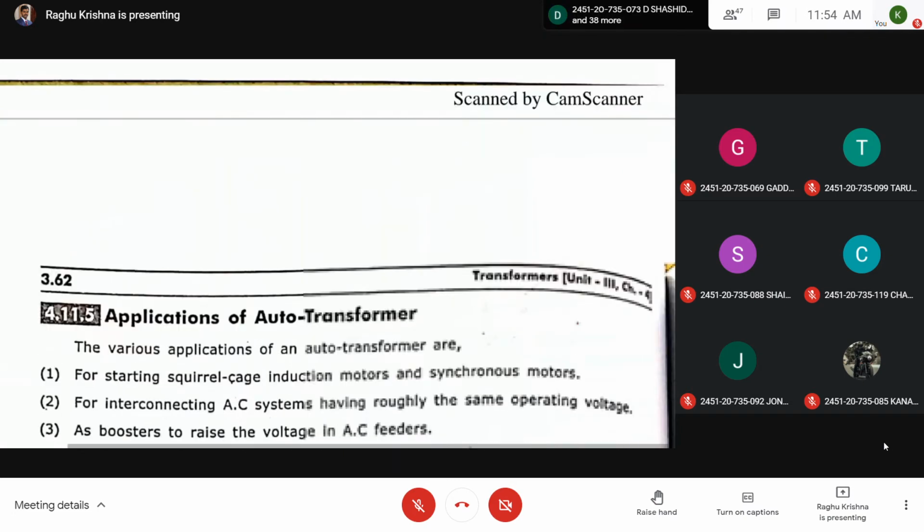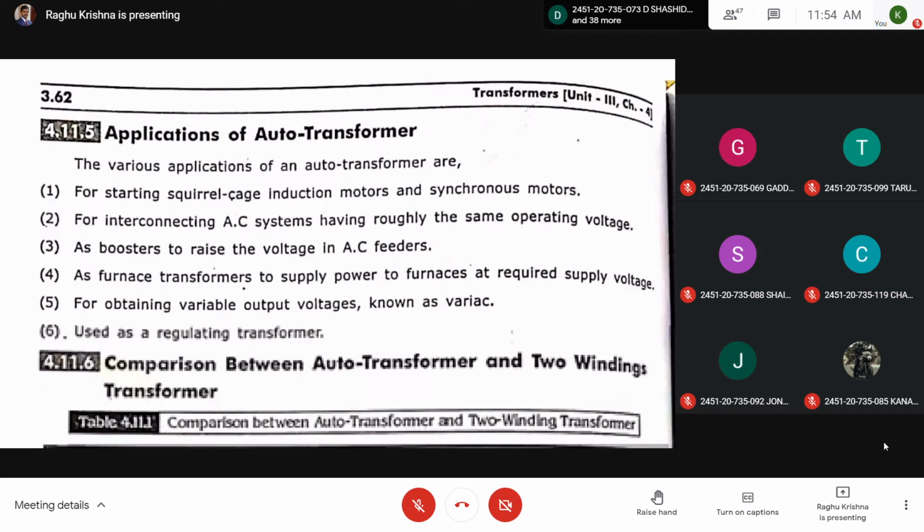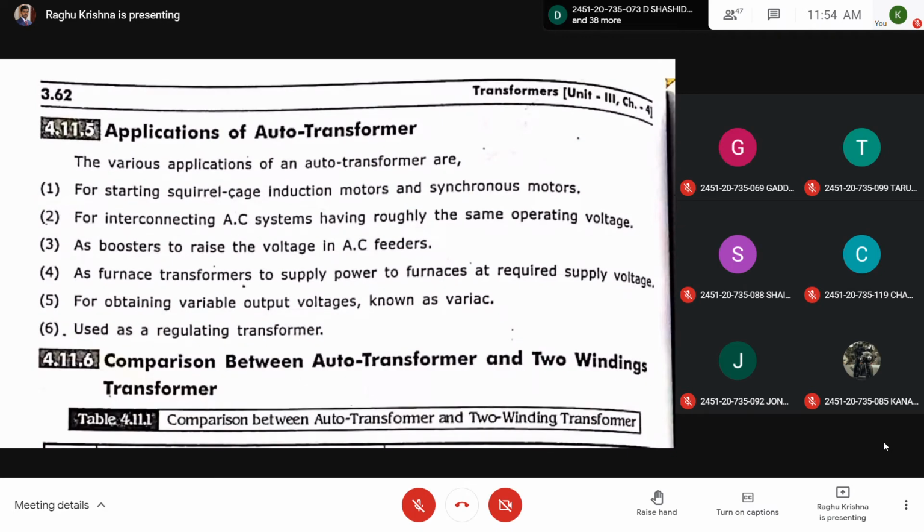So let us see the applications of an auto transformer. The various applications of an auto transformer are: for starting squirrel cage induction motors and synchronous motors. So here we are going to use three-phase auto transformers. For starting a squirrel cage induction motor and a synchronous motor, we use a three-phase auto transformer at the time of starting.